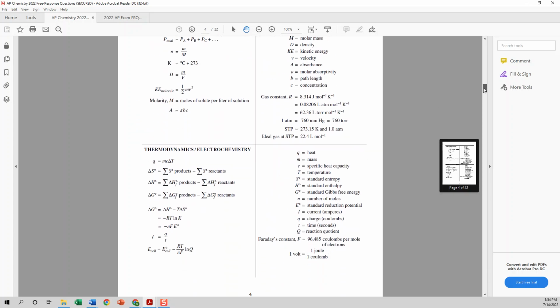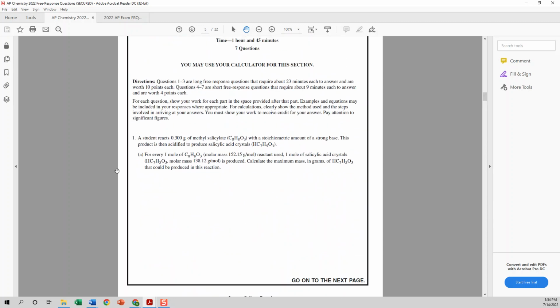So let's go. So this is, again, just the free response. So we go to question 1. Gives us a lot of information here. 1A. Okay, so it gives us a 0.3 gram sample of this compound, and it reacts with a strong base to produce this compound, and they're saying if 0.3 grams of that compound react, and they give us our molar mass, they tell us it's a 1-to-1 mole ratio.